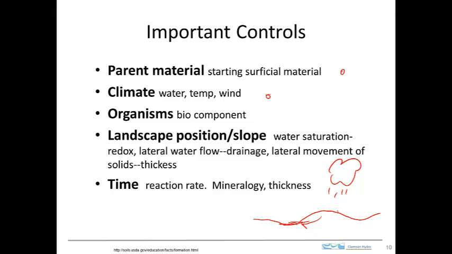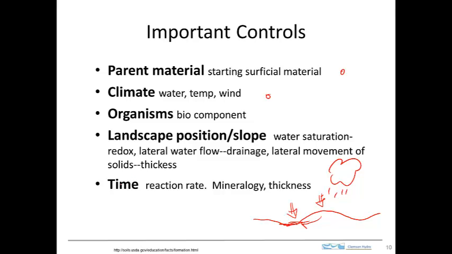So even if this is just a very subtle change in topography, you'll find that the low-lying areas probably will have more water, higher saturation, and this will be less water, lower saturation. And so that will then control the chemical processes as well as perhaps some physical processes during the soil development. So you would expect soils to be responding to the landscape position, the slope, and perhaps even to microtopography.